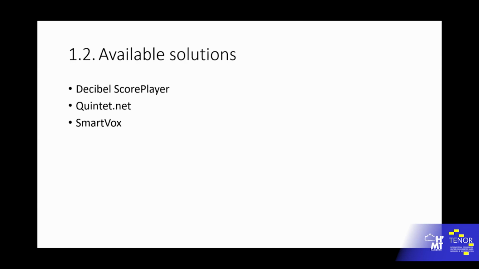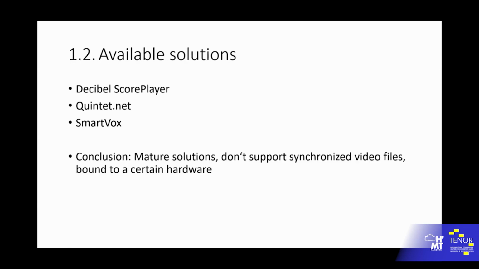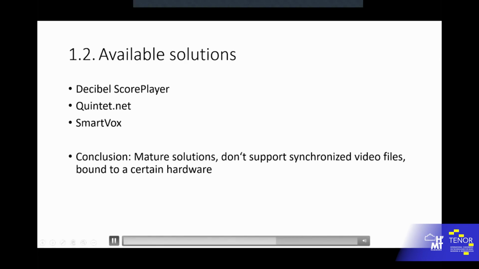Concerning the Decibel Score Player, we didn't have the possibility to buy an iOS device for each musician. The second problem was that we couldn't find a way to integrate synchronization for the video file, as we needed to synchronize the voice of the virtual actor on the screen with the actor on the scene.